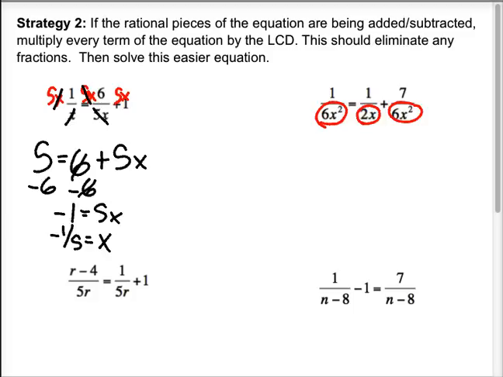Between the x squared and the x, if I multiply by x squared, that'll take care of the x squareds, and it'll actually take care of the x as well. So in this case, I can multiply everything by 6x squared. And let's see what happens when I do that.